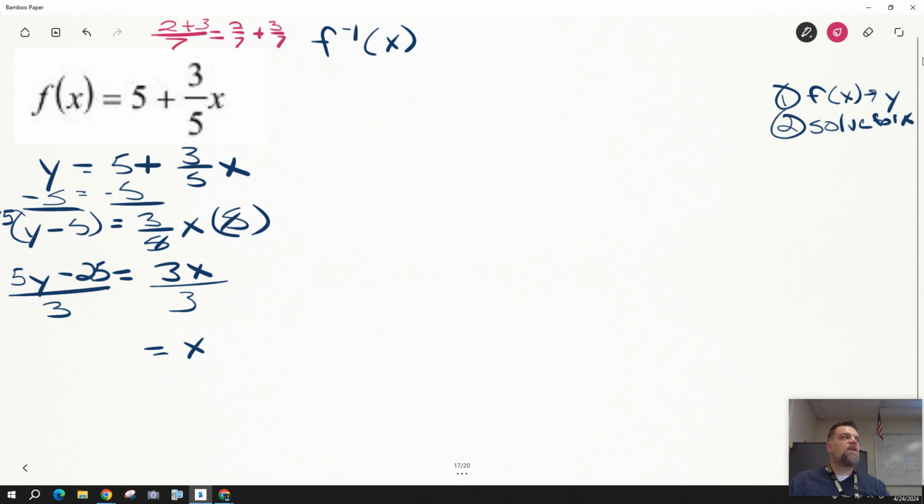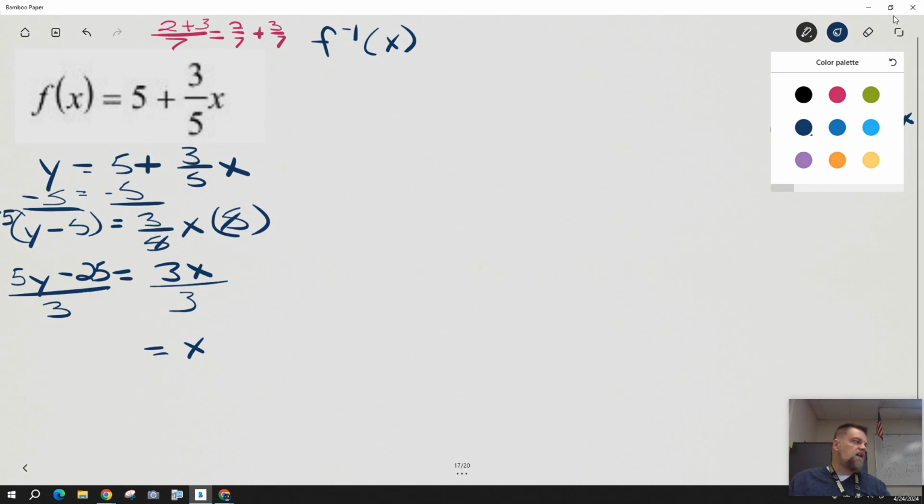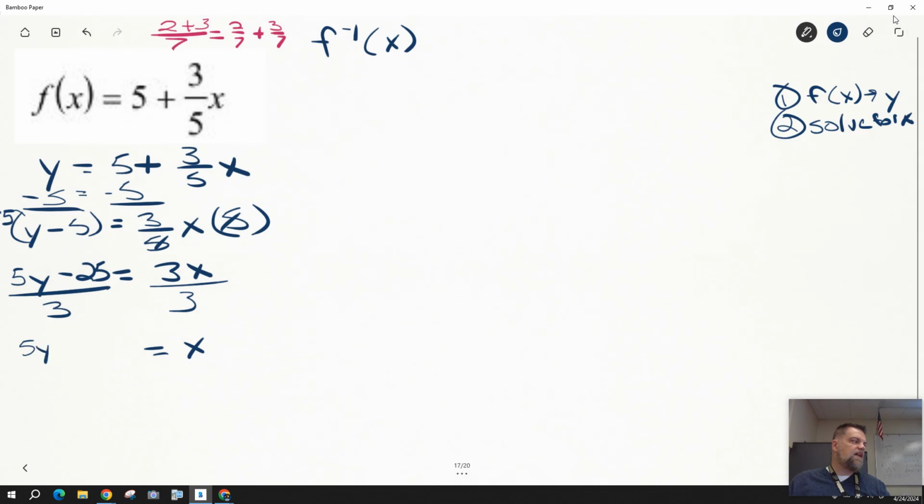So we could separate each term in the numerator by the denominator. So what I'm going to do, so my answer matches the one on the assignment, I'm going to say 5y over 3 minus 25 over 3.